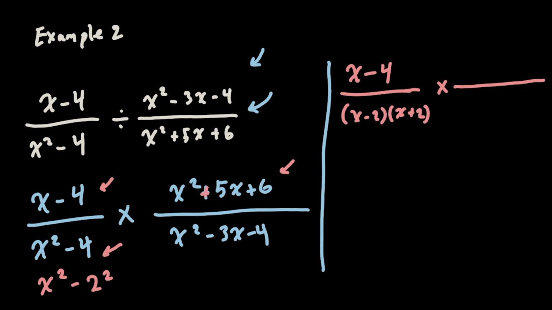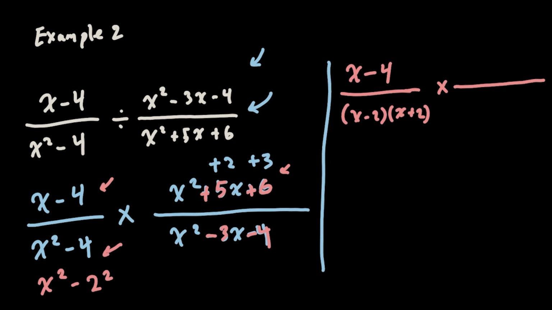We want two numbers whose sum is 5 and whose product is 6. If you search for the two numbers, you will find they are plus 2 and plus 3. And if you look here, we want two numbers whose sum is minus 3 and whose product is minus 4.